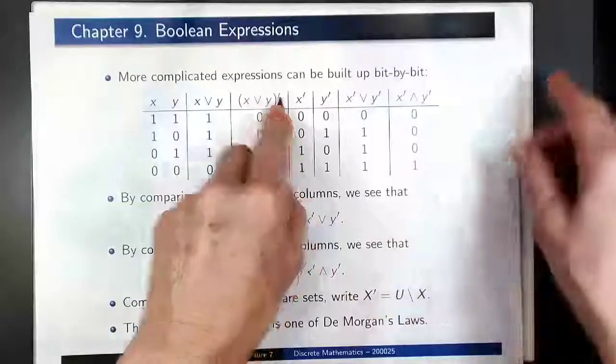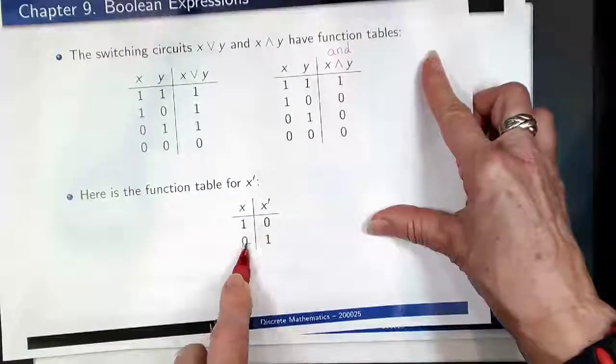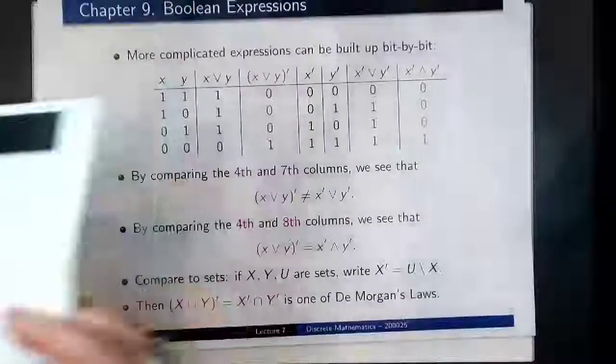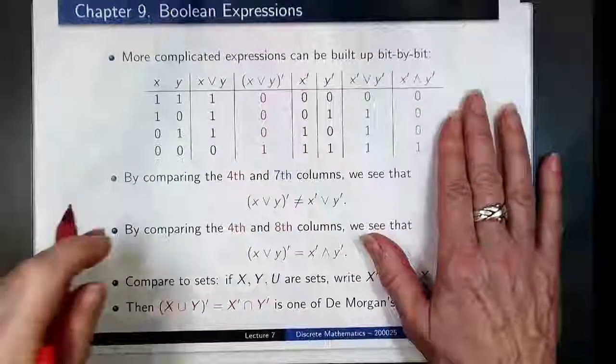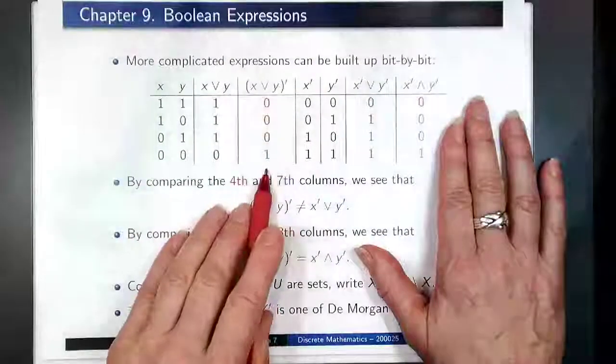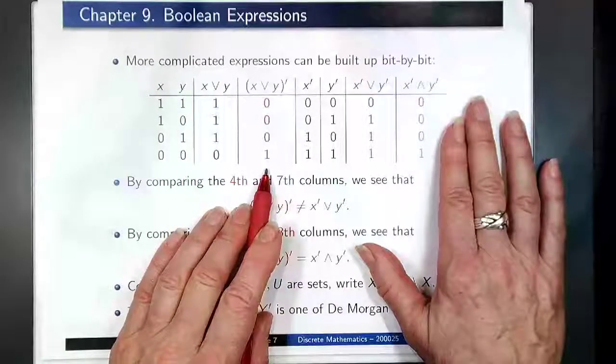And what NOT does is, here's my previous slide, NOT changes 1 to a 0 and 0 to a 1. It reverses it. It negates it. Okay, so 1 goes to 0, 1 goes to 0, 1 goes to 0, 0 goes to 1. That's easy, isn't it? It is easy.